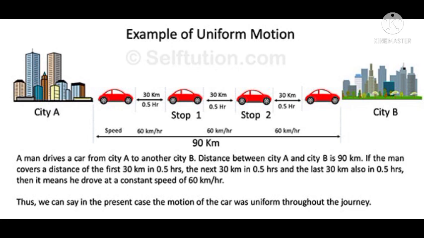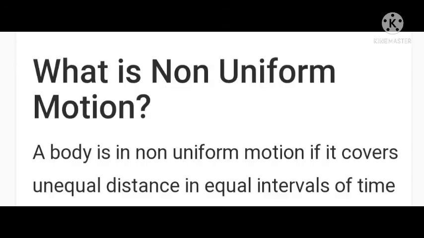This is an example for uniform motion. This example denotes that the man drove his car with constant speed, which covers equal distances in equal intervals of time. This is known as uniform motion.